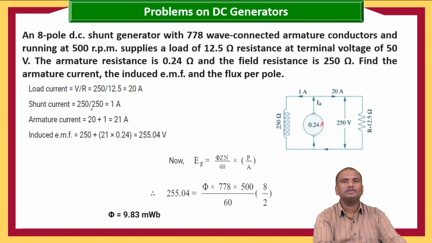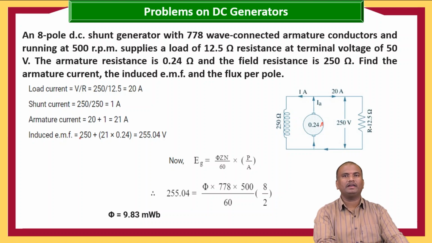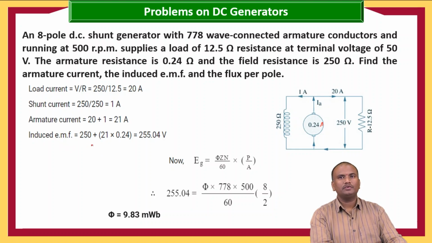Shunt current is equal to V by RSH, which is 250 by 250, which is 1 ampere. And armature current is equal to 20 plus 1, that is 21 amperes.